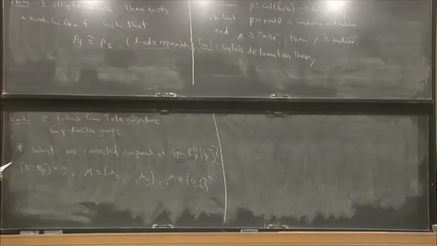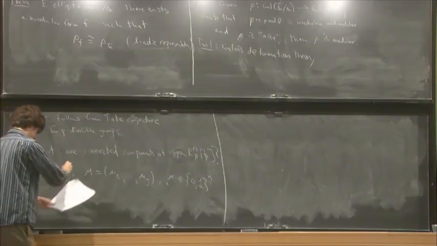So this invariant is called the p-adic Hodge type. I'll say a few words about it in a second.